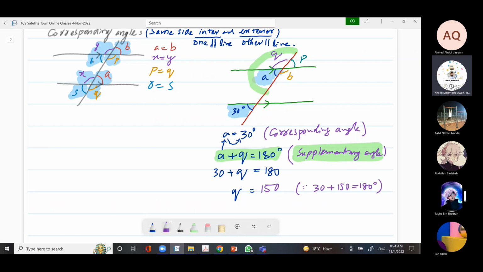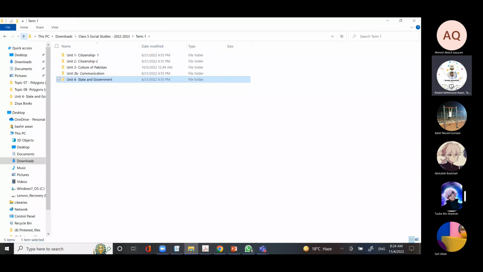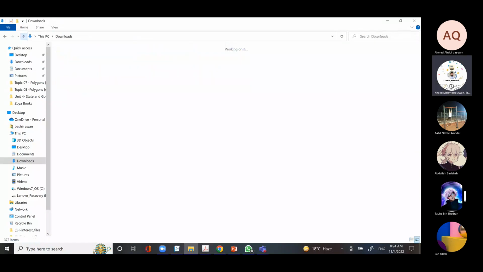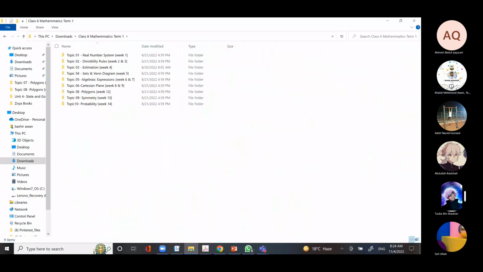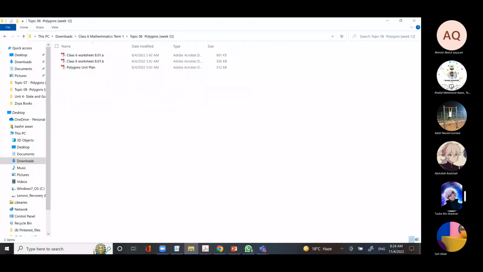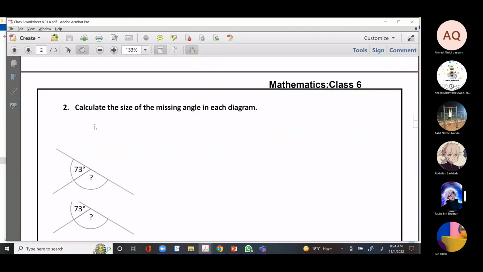Okay, now there are some worksheets related to that. Should I open the worksheets? Yes, sir. Okay, now we are going to open the worksheet related to that. Angles, polygons worksheet.